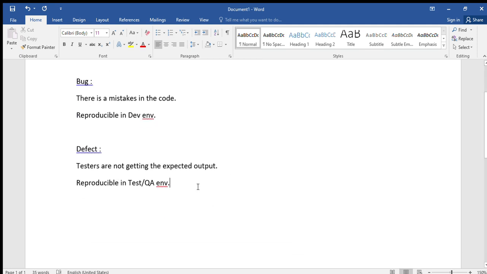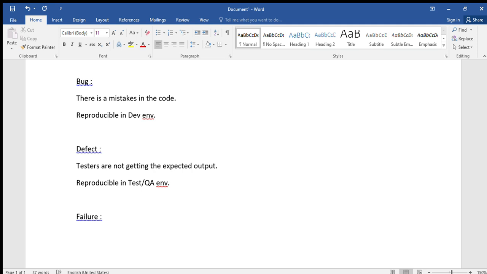Now coming to the failure part. If the client or your stakeholder gets this kind of wrong output in their production environment or real-time user environment, at that time we can say it is a failure.